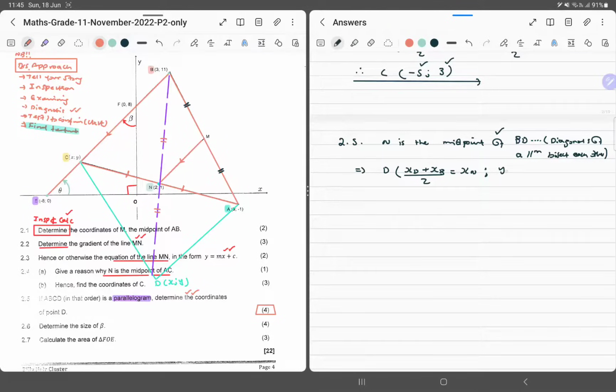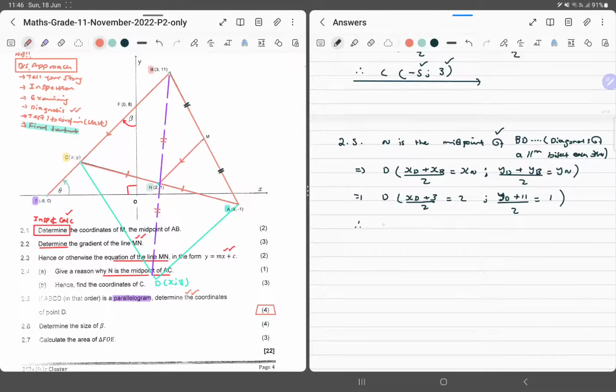Likewise, y at D plus y at B over 2 should give us our y at N. Which implies also that x at D plus 3 over 2 is going to be equal to 2, and y at D plus 11 over 2 is going to give us a 1.